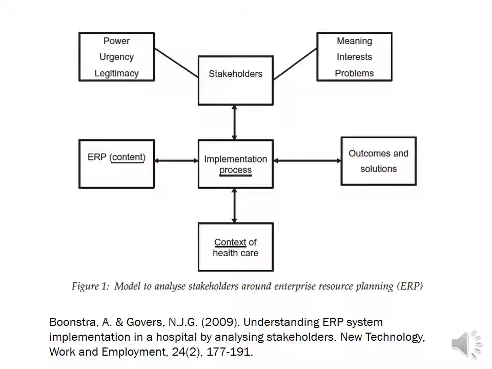This figure illustrates the model, which is informed by processual, interpretive, and integrationist models of change. These models emphasize that various groups of people and organizations may interpret information systems differently, and that these interpretations may influence their actions and affect the implementation and the development of the enterprise resource planning system.